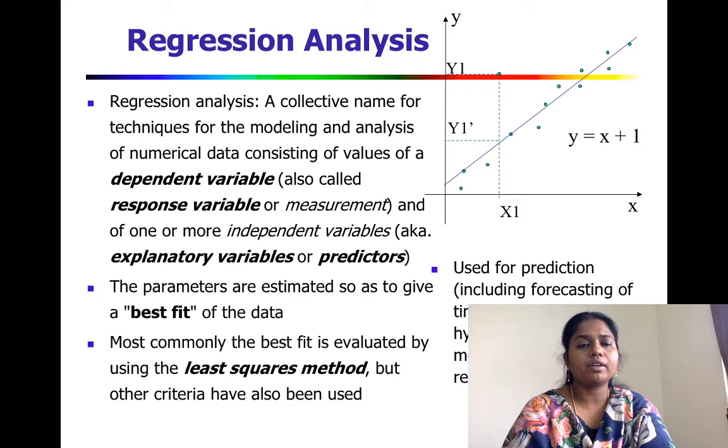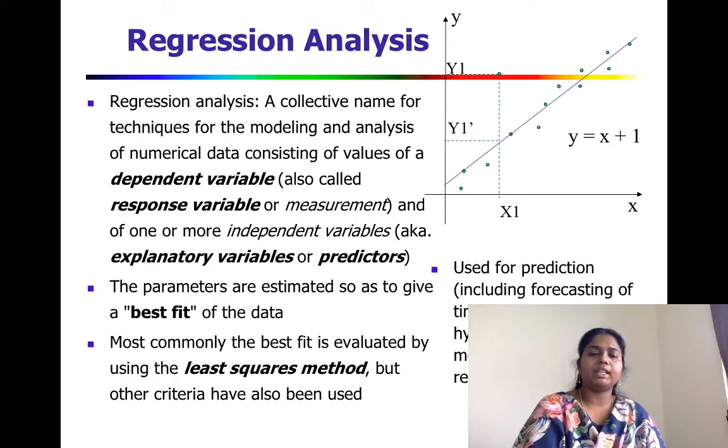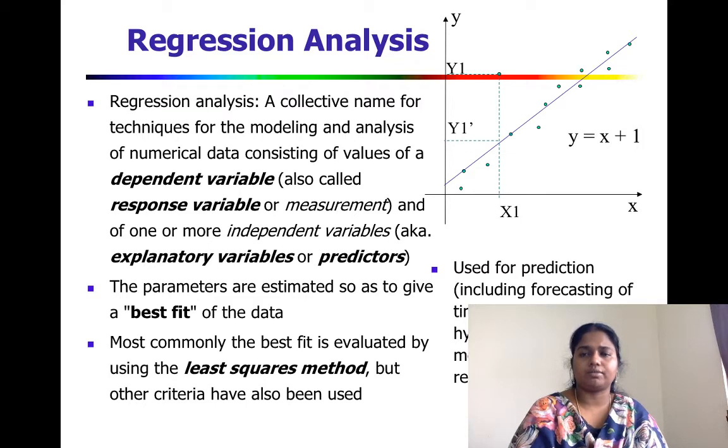Now, for regression analysis, the most common method for finding the best fit line is called the least squares method. The least squares method means I have different points of x comma y shown as green dots on the graph.